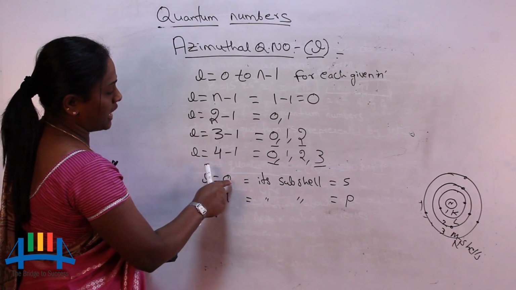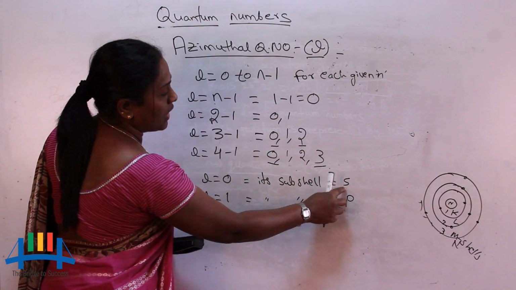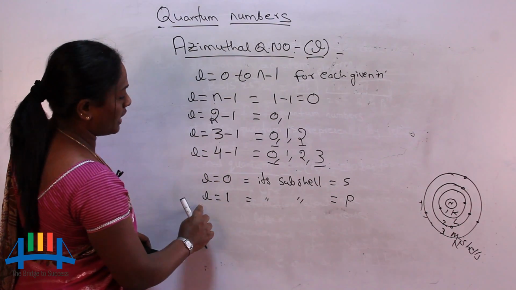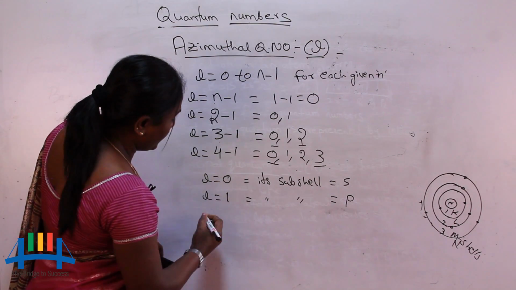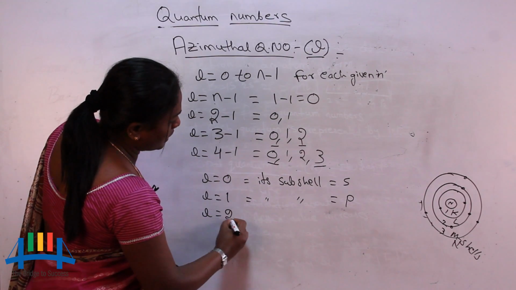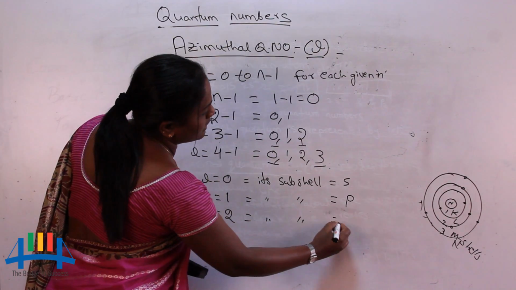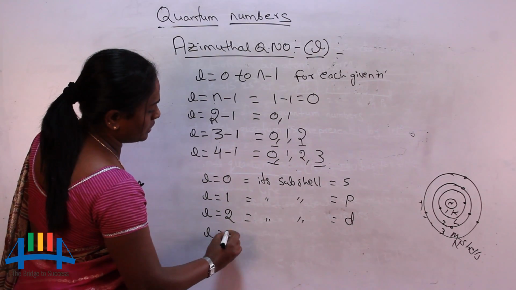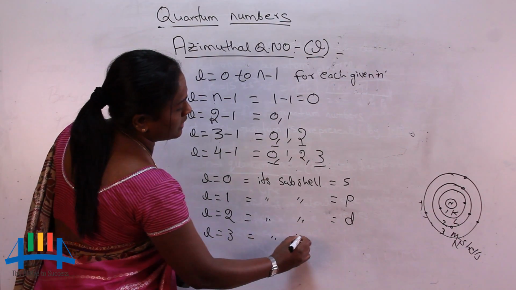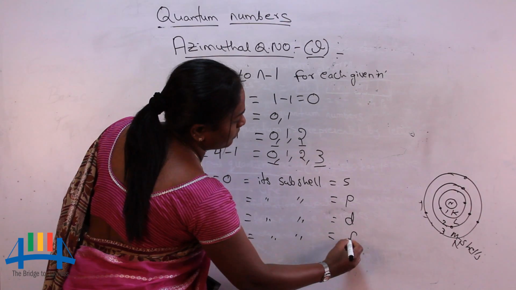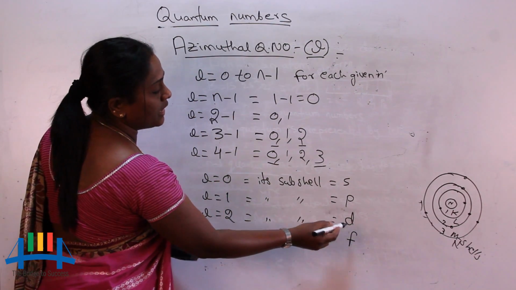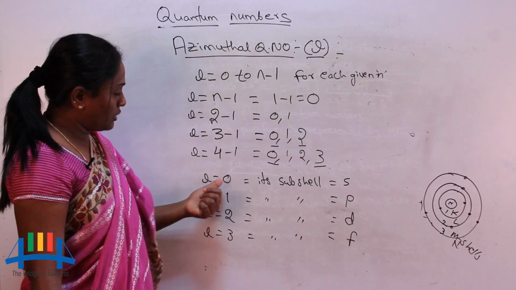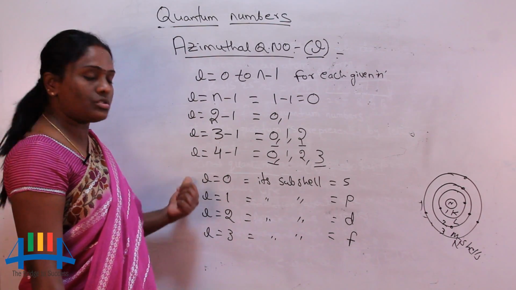If l is equal to 2, its subshell is d, and if l is equal to 3, its subshell is f. s, p, d, f are the names of the subshells, and 0, 1, 2, 3 are the values of l.